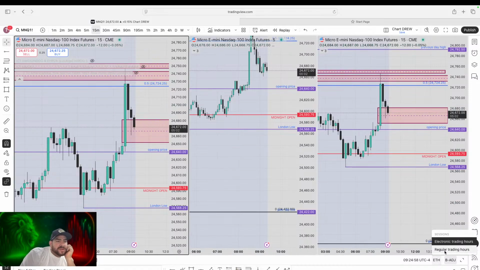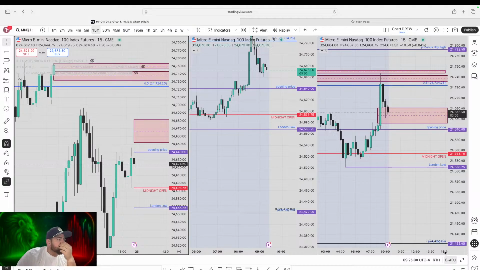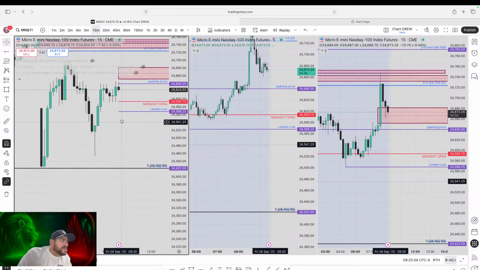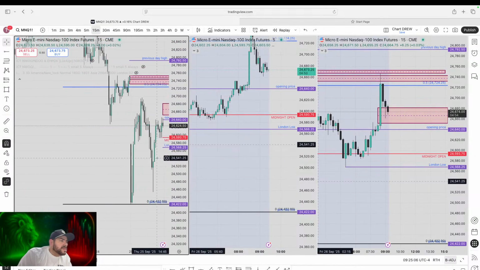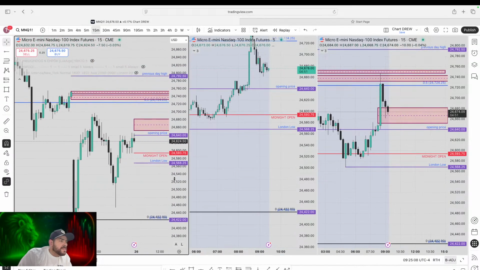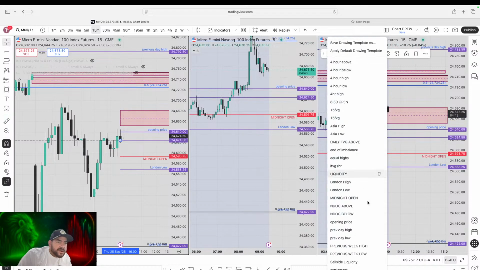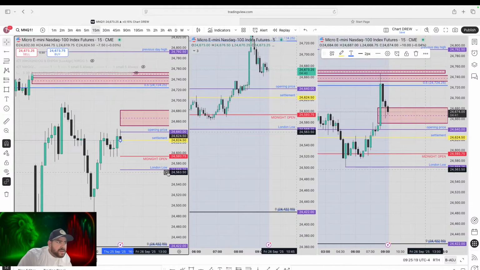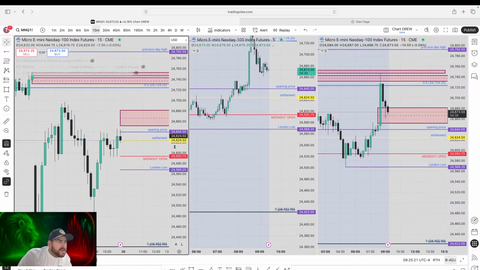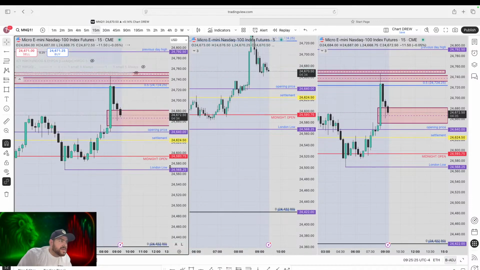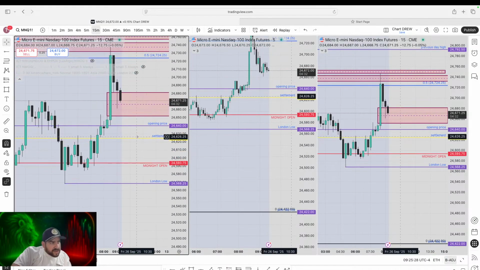Let's get this new day opening gap here. Let's see. Okay. This is the settlement right here. Okay, we'll go back down here, change that back. Just a new day opening gap, see what happens here.